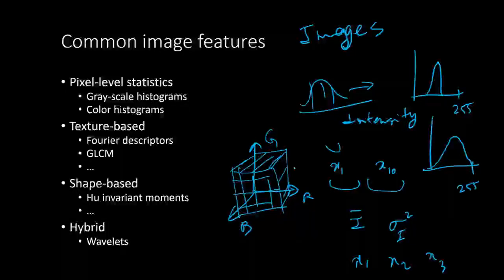So what we can do is we can say that we will have 256 to the power 3 different features, and we can count each and every combination of RGB values as one feature within the pixel. That would be a true color histogram, but usually we summarize it even further.